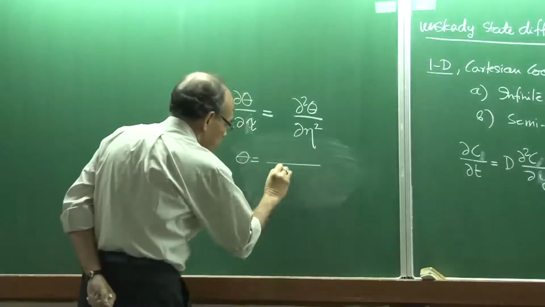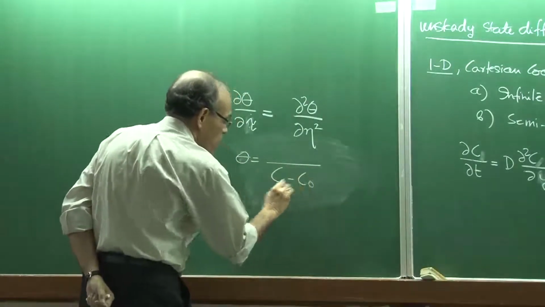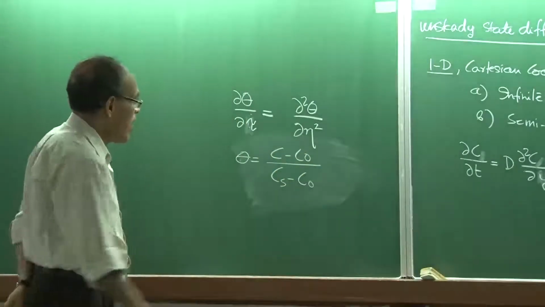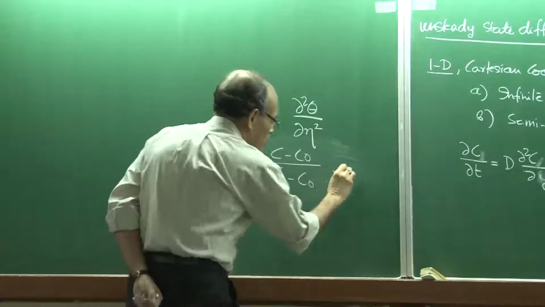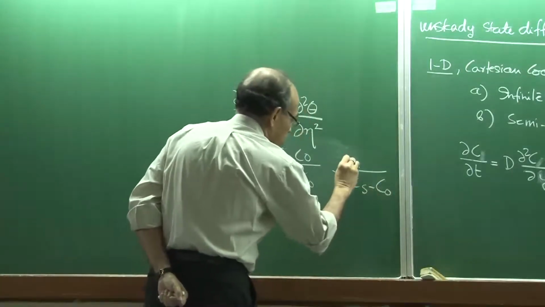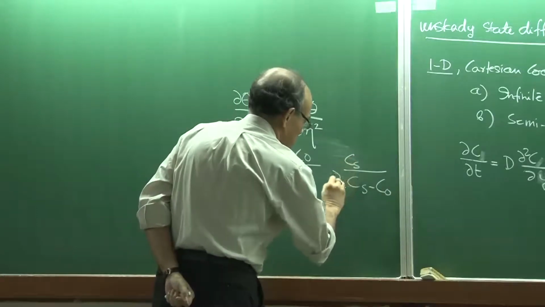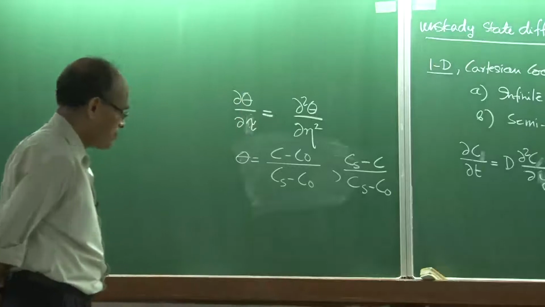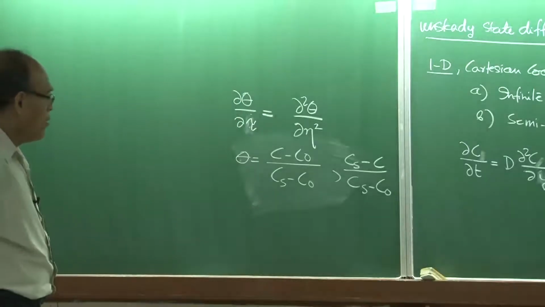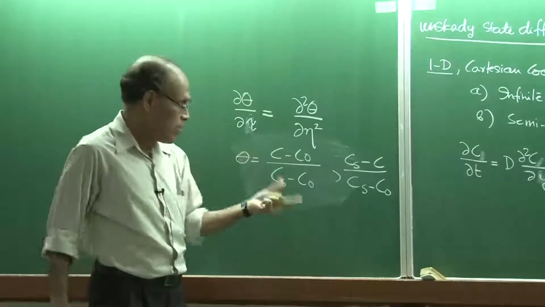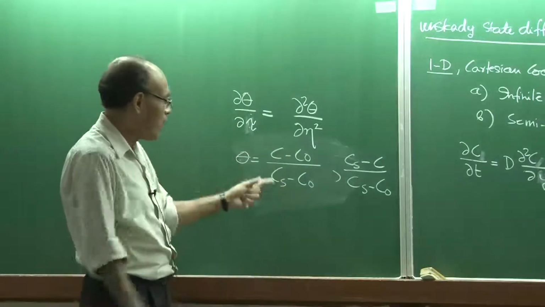For example, we can say (C minus C0) divided by (Cs minus C0). This is one possibility, and the other possibility is that we can say (Cs minus C) divided by (Cs minus C0). These are the two possibilities for us. One becomes the mirror replica of the other.